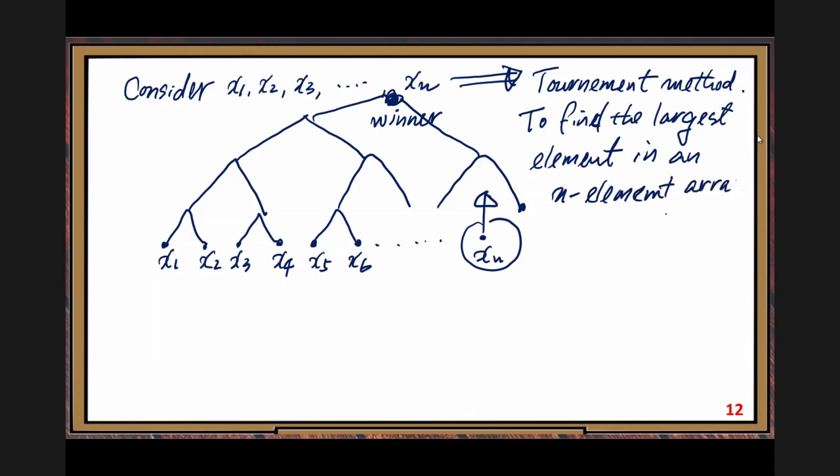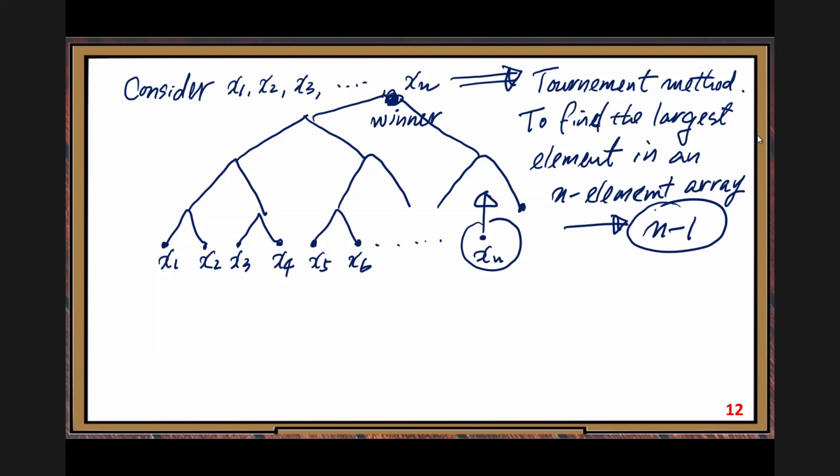We already know the answer, n minus 1. Is it the same thing here? To get a champion, we need n minus 1 games, because each game eliminates one player. At the end, you eliminate n minus 1 players, so the final winner eliminates n minus 1 players through n minus 1 games.